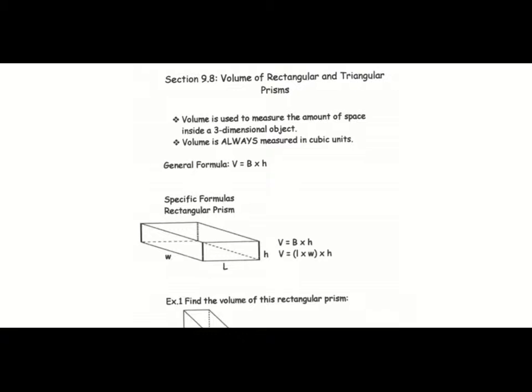Our general formula for volume is the base, which is the area of the base, times the height, which is the height of our prism.